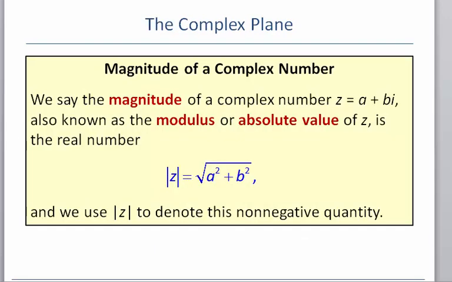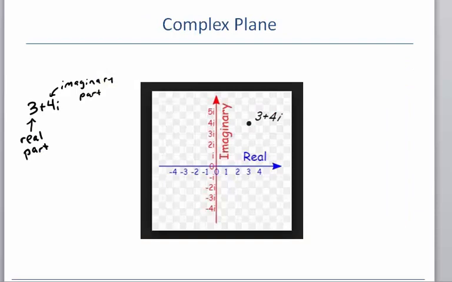We're going to begin our examples by finding what is referred to as the magnitude of a complex number. The magnitude of a complex number is essentially a measure of the distance from the 0, 0 complex number, which lies at the origin, to the complex number that we're talking about. So if we were to measure the distance from 0, 0 to 3 plus 4i, we would have the magnitude of 3 plus 4i.